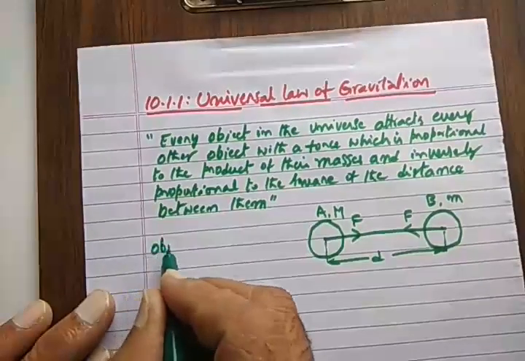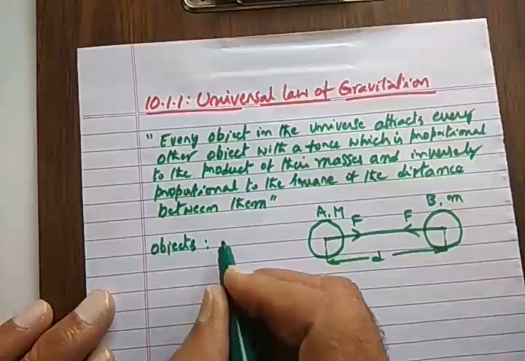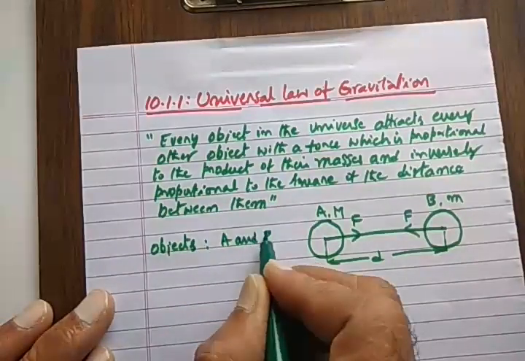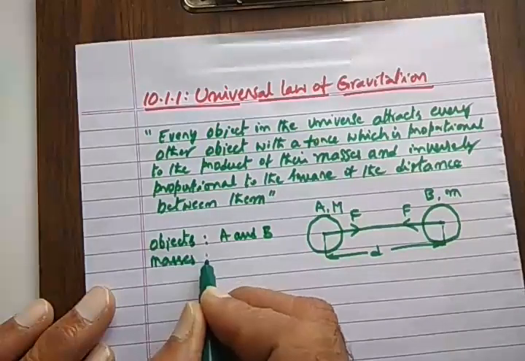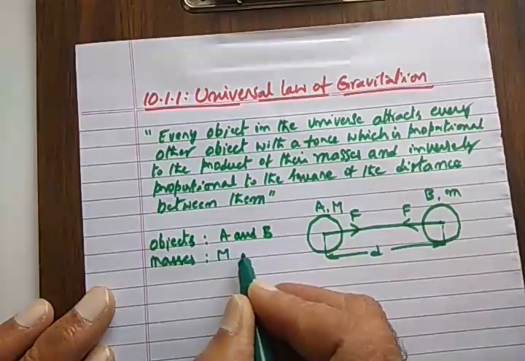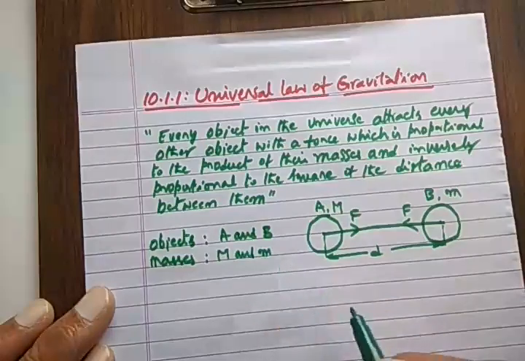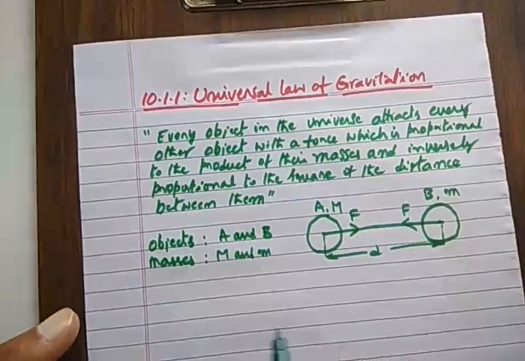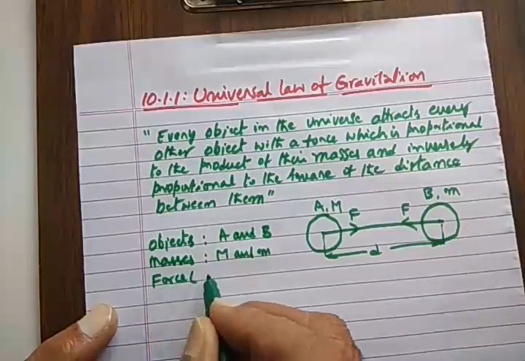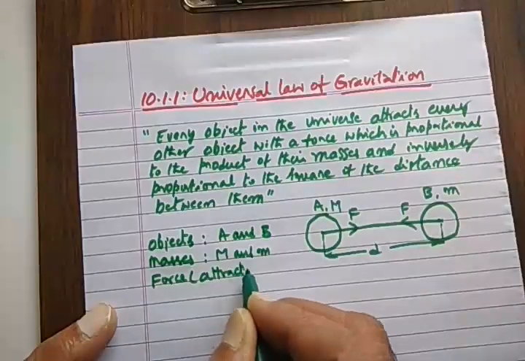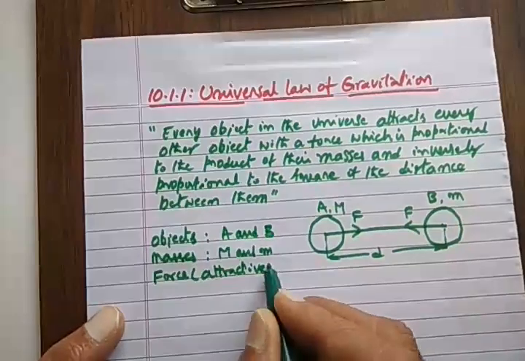Objects A and B, two objects we have selected. Then their masses, one is capital M and the other one is small m. Okay. Then force, always attractive.